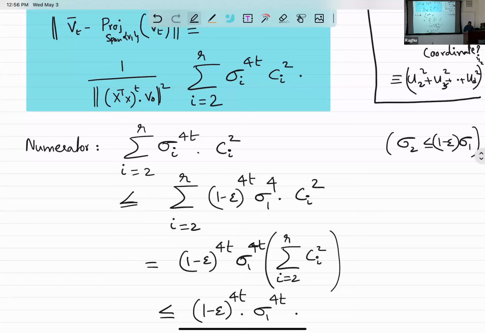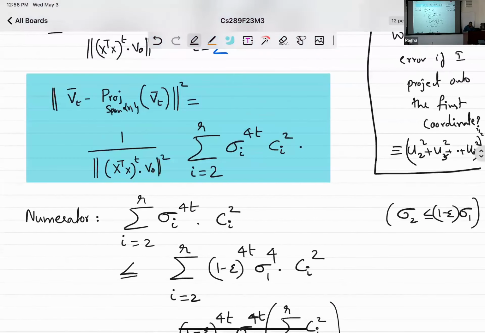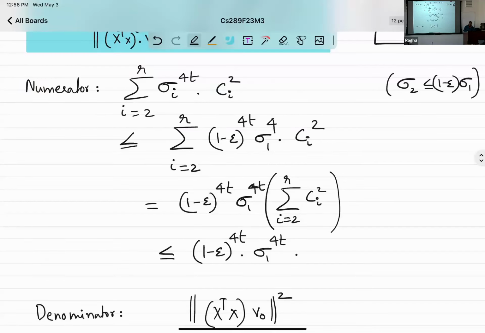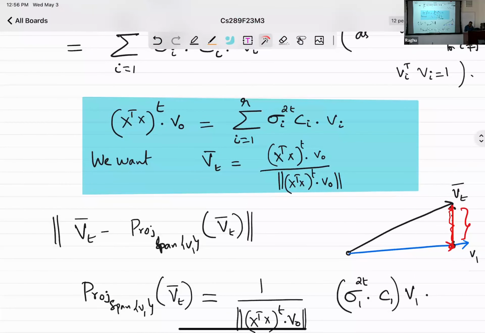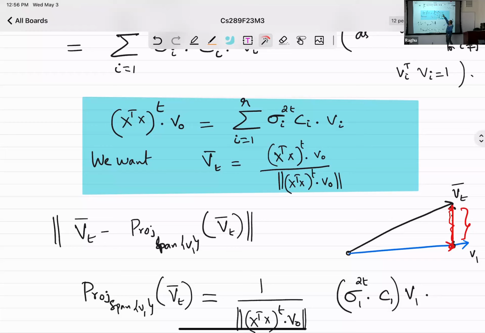So the numerator, we have an upper bound on. And how about the denominator? So what's the denominator? You have this matrix vector product, and we are looking at the sum squared of its length. But we know what this matrix vector product is. You have it written up here. So what is its length? The Vi's are orthonormal to each other, right? So what is the length of this vector? Sum of squares of the coefficients, right?